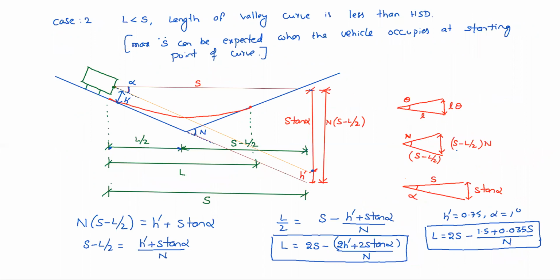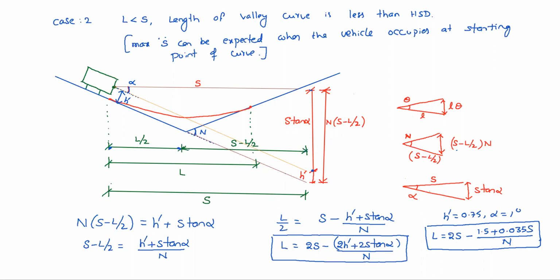So the length of the curve is based on the headlight sight distance and the length of the curve. Two cases will arise here. Whatever case suits, for that we need to find the length of the curve. Suppose initially you don't know the length of the curve, you know only the sight distance. Assume case 1, and if by assuming case 1 you calculate L and your assumption is correct, then you can go ahead.